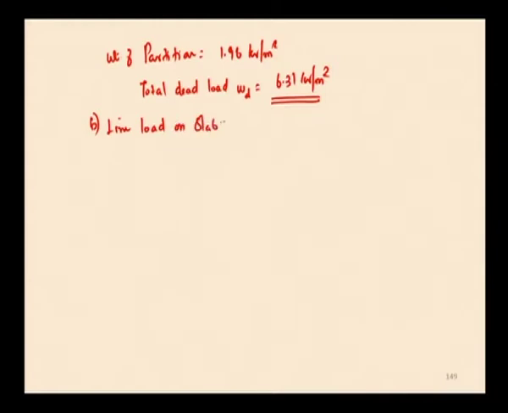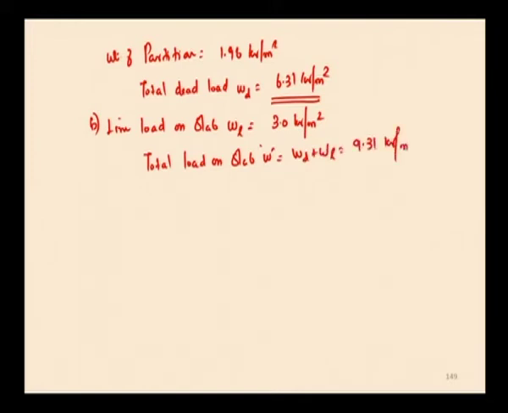Live load on the slab WL is equal to 3.0 kilonewton per meter square. Now, we are finding total load on the slab. Total load on the slab W is equal to Wd plus WL, that is equal to 9.31 kilonewton per meter square, that is all.